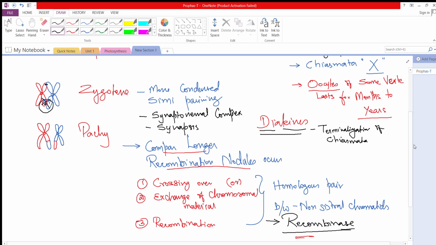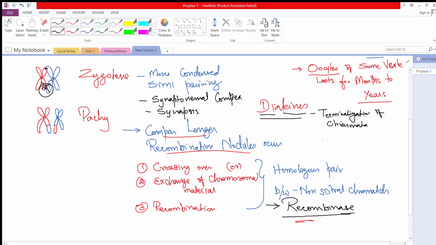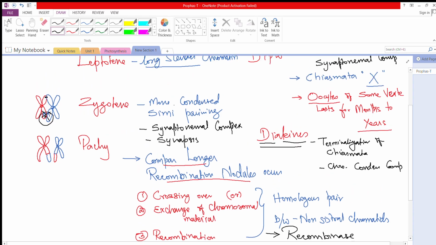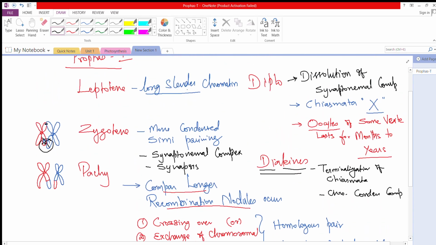Now the chromosome condensation will complete. Chromosome condensation completes. Remember, we told condensation started at leptotene stage. Condensation started, but it will not complete.